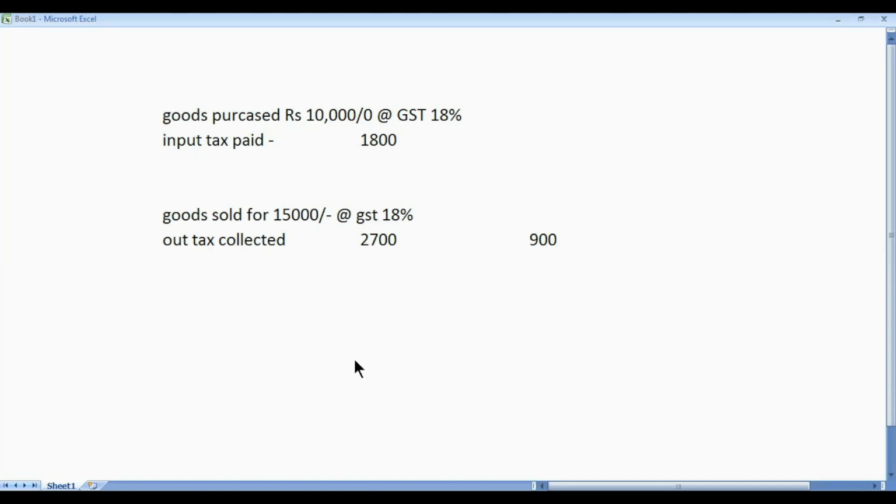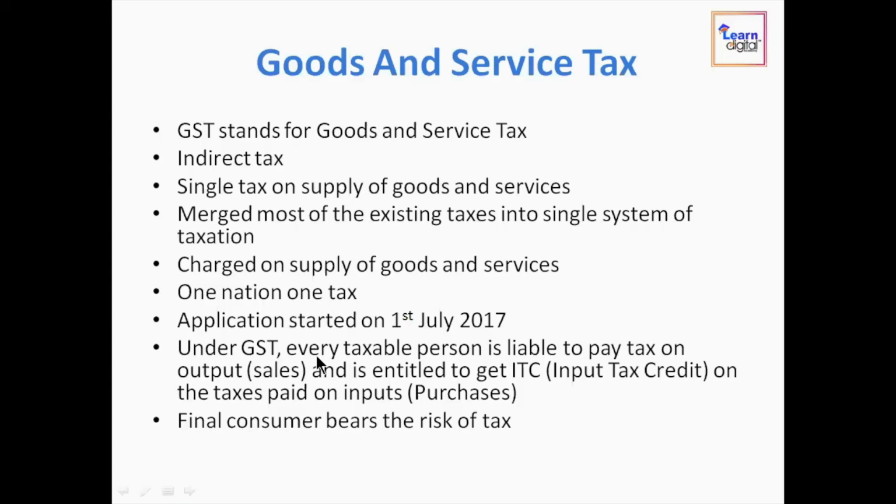So this is what the sentence means. Under GST, every taxable person is liable to pay tax on the output and is entitled to get ITC, input tax credit, on the taxes paid on all the purchases or inputs.